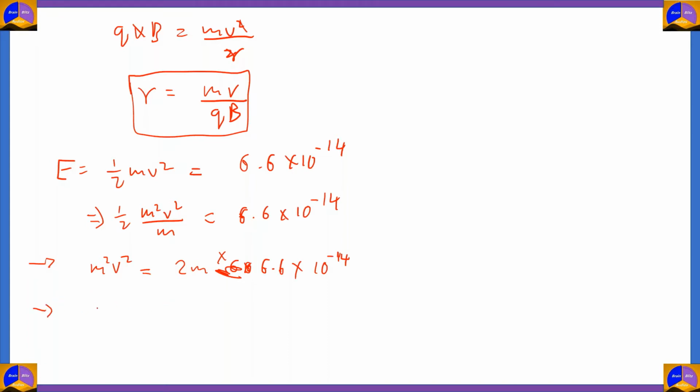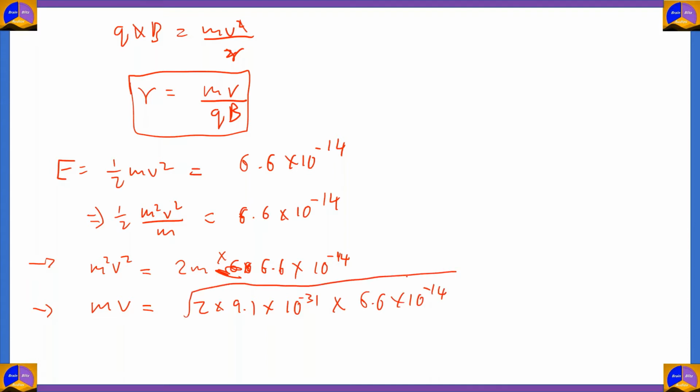Now let's apply the square root on both sides. On the left hand side, the square root of m squared v squared will be mv, while on the right hand side it will be 2 × 9.1 × 10^-31, which is the mass of the electron, times 6.6 × 10^-14, and all of this is under a root.